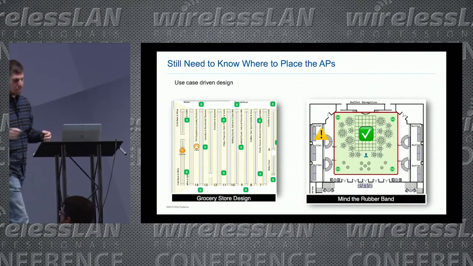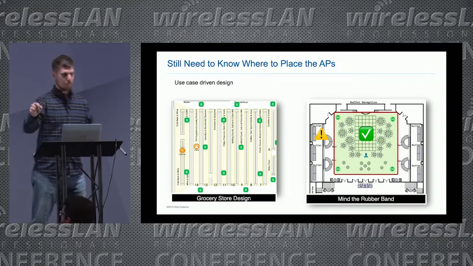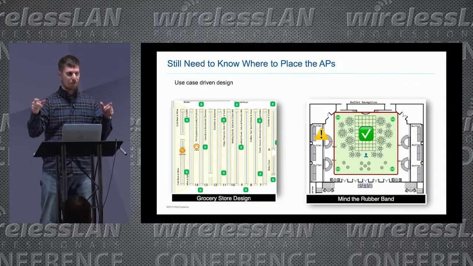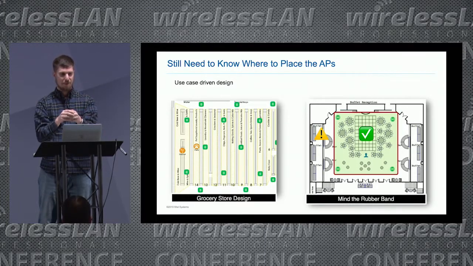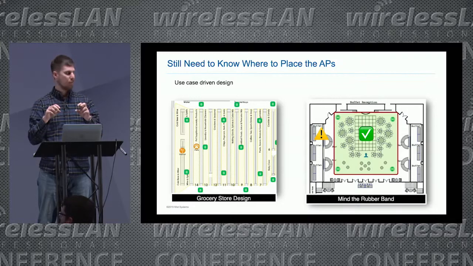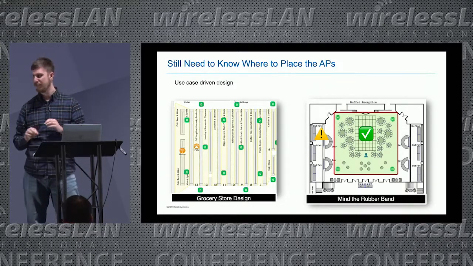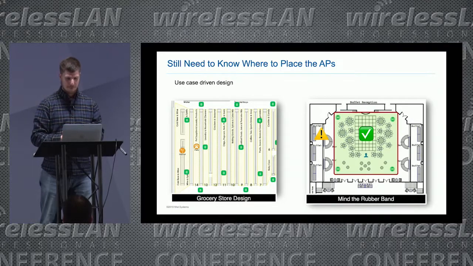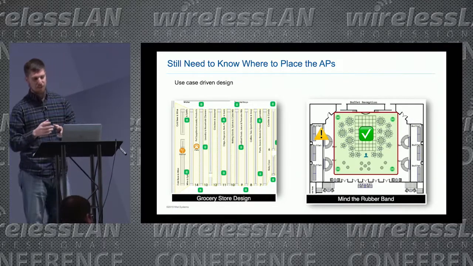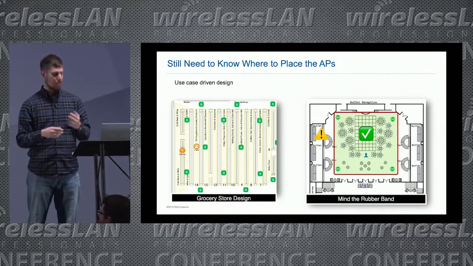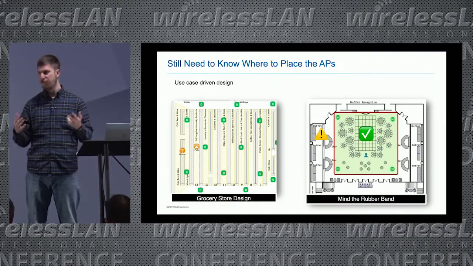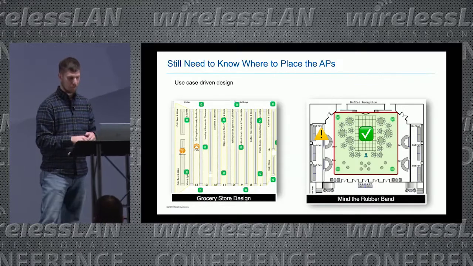If you imagine putting a rubber band around the perimeter of all your APs, your best location will be inside of that. If you're outside of the rubber band, location accuracy can vary. So you still have to know where to place the APs. The tool will just tell you whether you have enough coverage to expect good location accuracy.